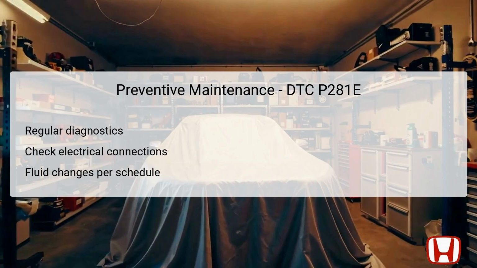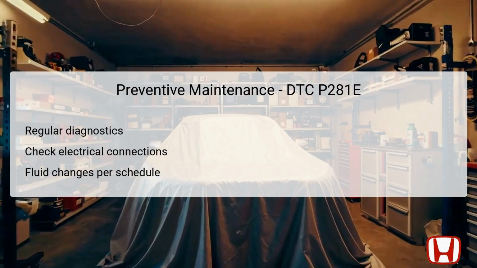Preventive maintenance is crucial in addressing DTC P281E and ensuring the longevity of the transmission. Regular diagnostics can help identify issues before they escalate into more significant problems, ultimately saving time and repair costs. Checking the electrical connections frequently, especially around the Shift Solenoid Valve OP, is essential, as loose connections may lead to intermittent faults.